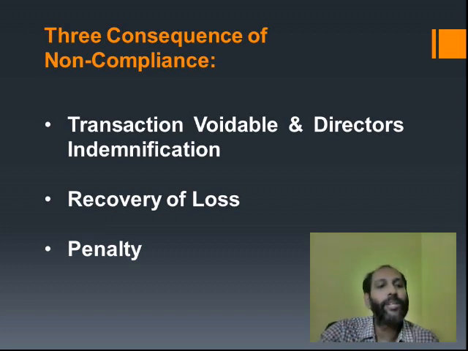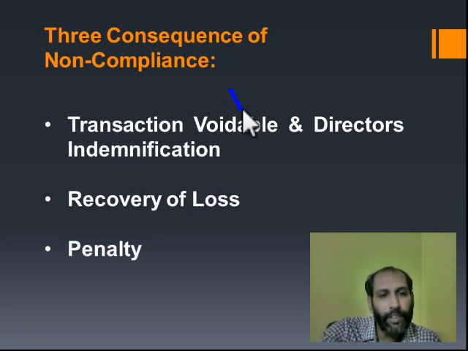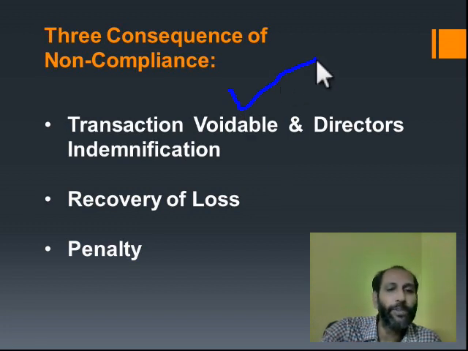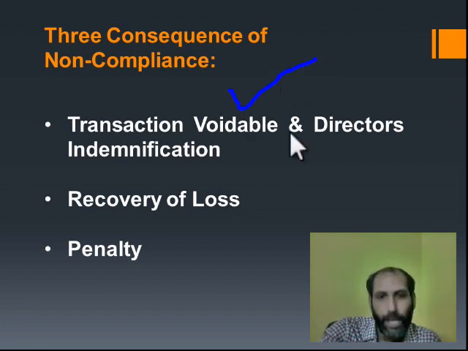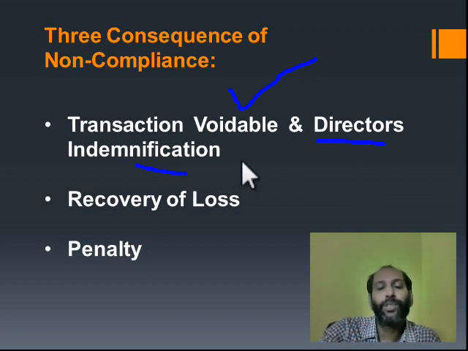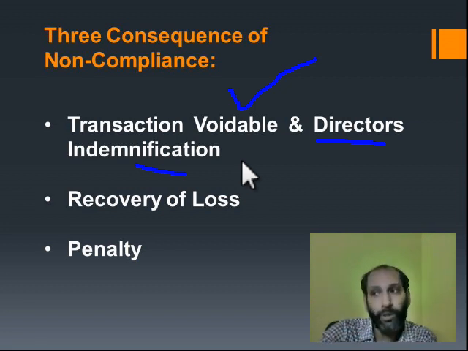Three types of consequences are listed. One is that the transaction will become voidable at the option of the board. Then the directors' indemnification will arise. I would like to invite you to refer to section 166, which speaks about the duties of directors and now has a new clause called indemnification.